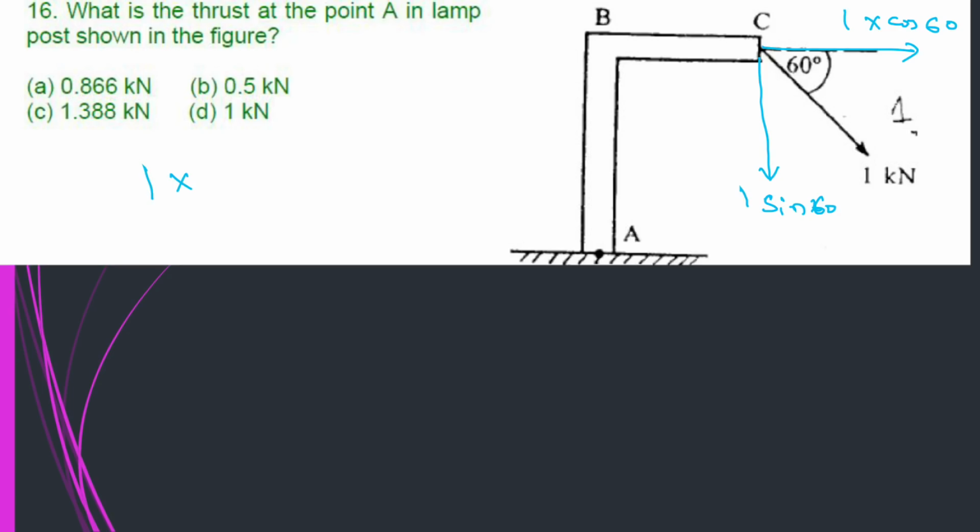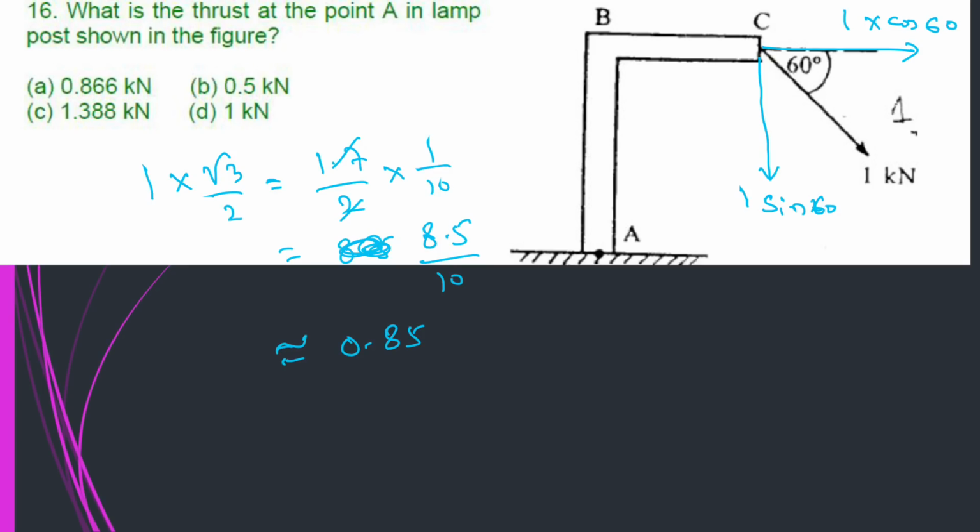So again we have to do approximation. In this exam they will provide a calculator, but in other exams you have to do approximation only. 1.7 by 2 is 0.85, so approximately 0.8. A is your answer.